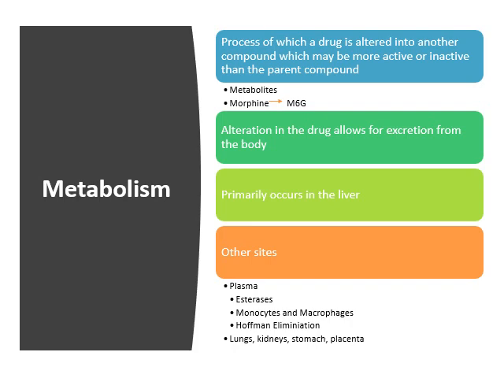The liver is the primary organ of metabolism, but you can also have metabolism in other sites, and I mentioned this with the lungs and the stomach, the kidneys, placenta, but also in the plasma. When you look at plasma, esterases are widely distributed in red blood cells, and plasma monocytes and macrophages are involved in the clearance of unfractionated and low molecular weight heparins as well as colloids.